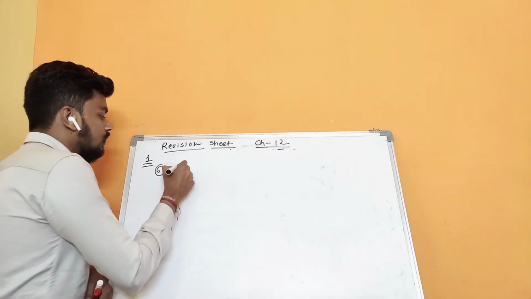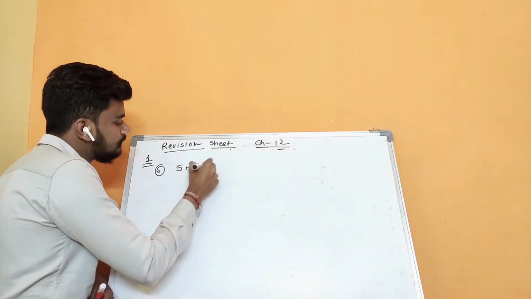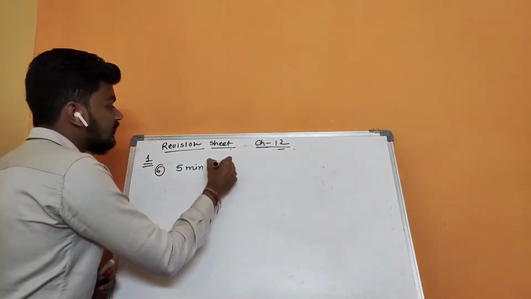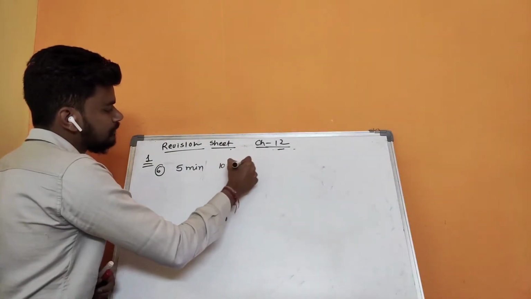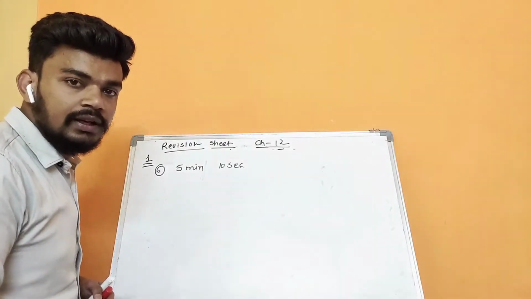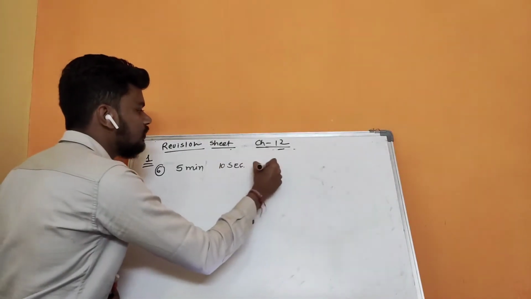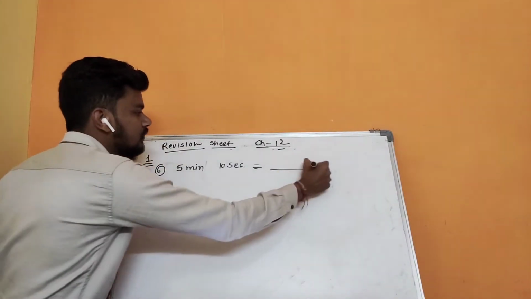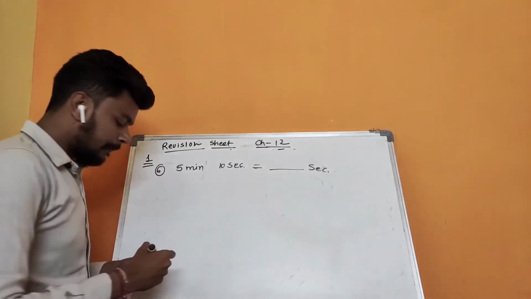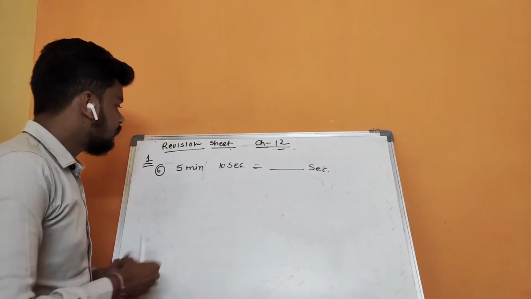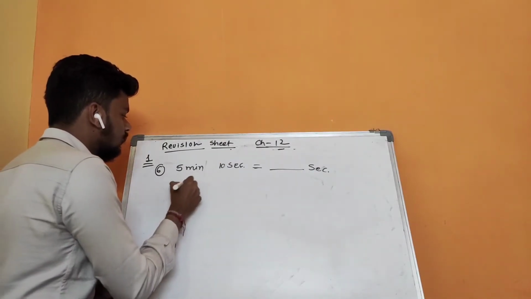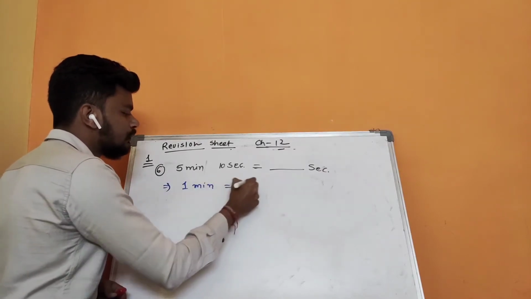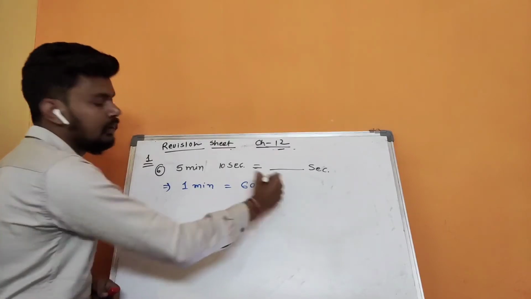Sixth one, 5 minutes 10 seconds. So we'll write the short form only, right? 5 minutes 10 seconds is equal to how many seconds? Okay, let's do this. In this one also we know that 1 minute is equal to 60 seconds, right?